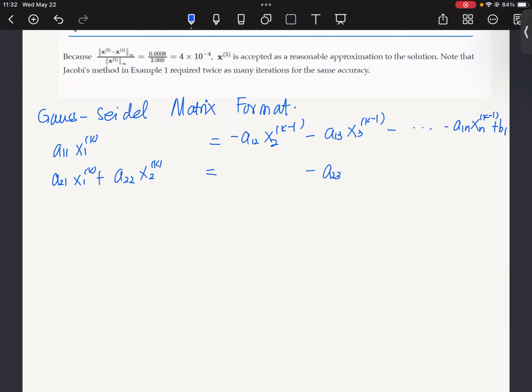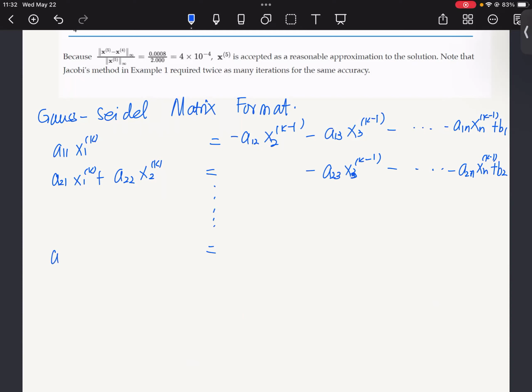So a23 x3 k minus 1, up to a2n xn k minus 1, and then b2. This is the second equation. And actually you have more equations after it; we have n equations in total.